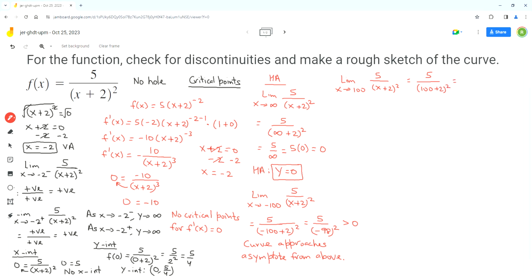So now we end up with 5 in the numerator and 102 squared in the denominator, and the value of this fraction will be greater than 0. So that means on the right side of the x-axis, the curve approaches the horizontal asymptote from above.